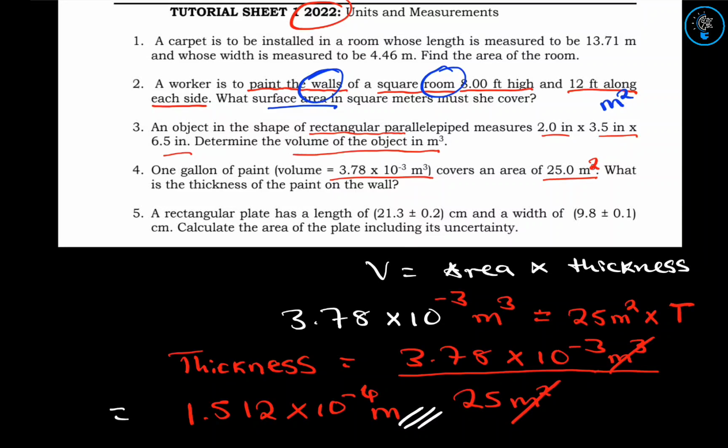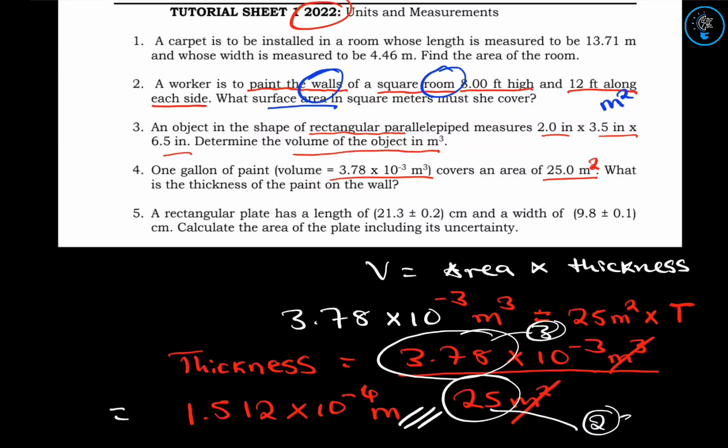The one with the least number of significant figures was the denominator, so we are going to use that of the denominator.